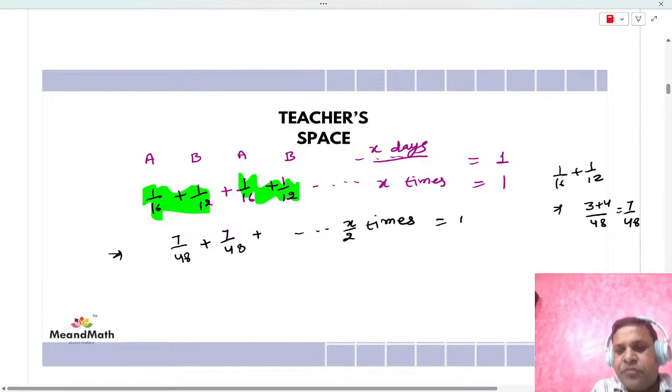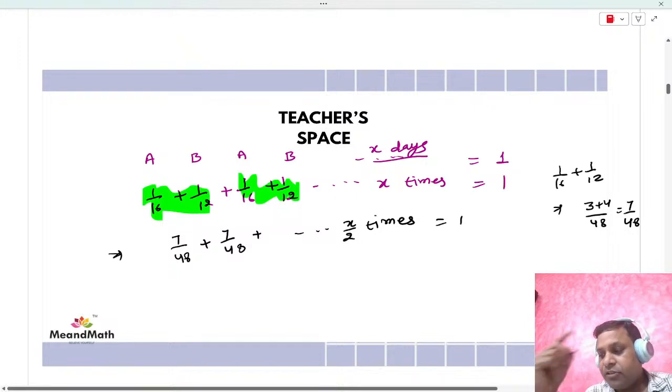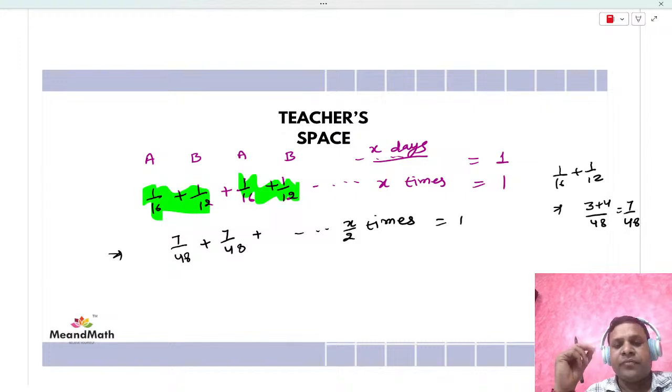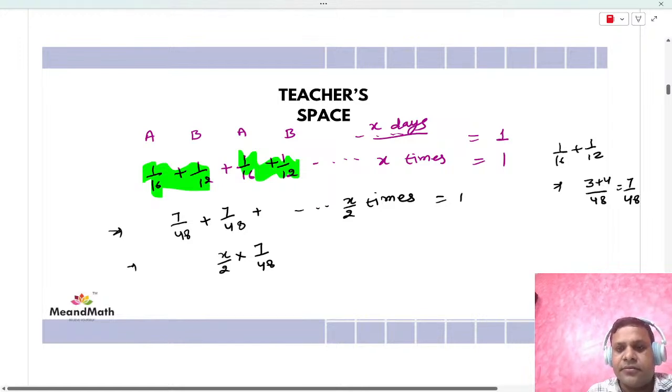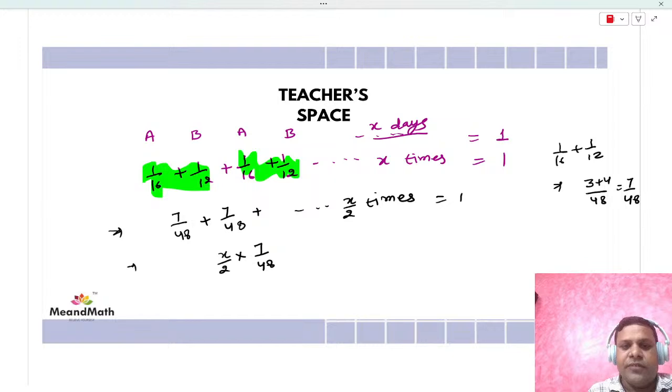X upon 2 times क्यों? क्योंकि हमने दो दो दिन को combine कर लिया, तो total days X से कितने times चलेगा? 1 by 2 times. Now X by 2 into 7 upon 48 is equal to 1.